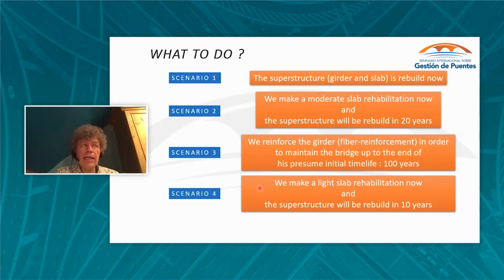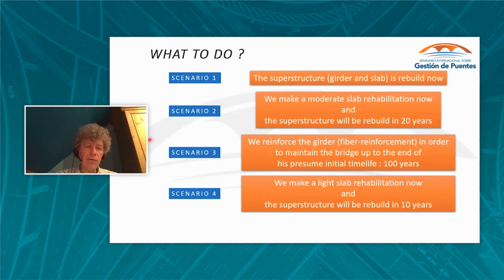So we will keep the superstructure, and we will rebuild it only in 20 years or in 10 years in the last scenario, and we will only make a moderate or a light slab rehabilitation today.